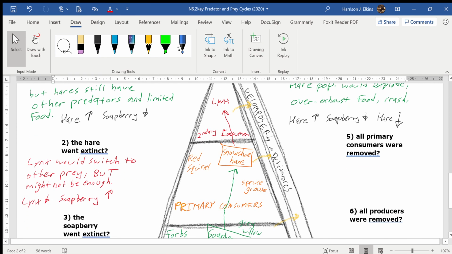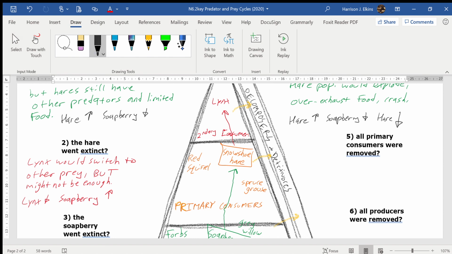Alright, what would happen if all primary consumers were removed? So that's like the snowshoe hare and his friends, the squirrel and the birds. What would happen to the secondary consumers? Well, they'd have no way to get energy. At least carnivores would, right?